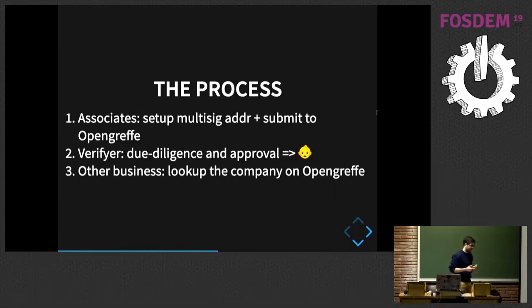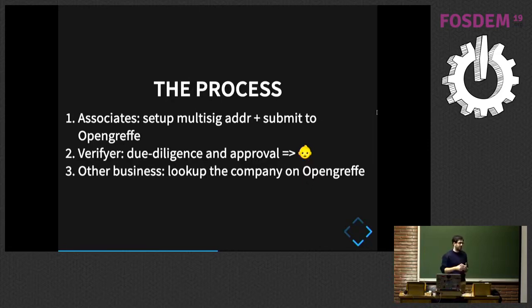Then, as a second step, it's important that there is a verifier, which is going to be an entity, a company, something which does the work of looking up the associates, making sure they exist, making sure that the capital has been allocated, and basically doing all the things you need to do to make sure that things are in order.